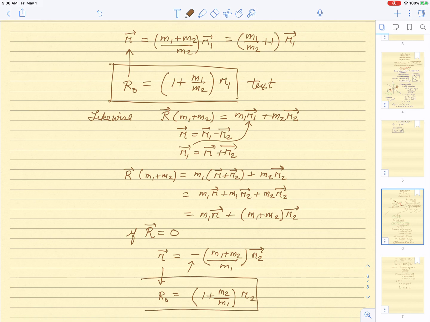And this is what's in your textbook, okay? So this takes care of the vector portion, and this is what's in your textbook, okay? So we're all good, okay?